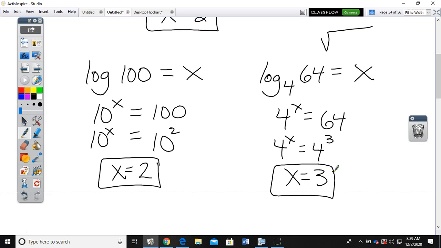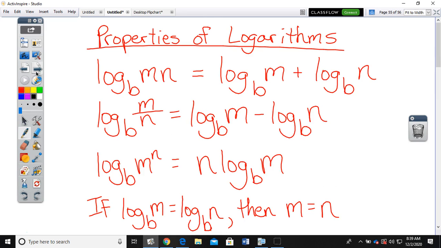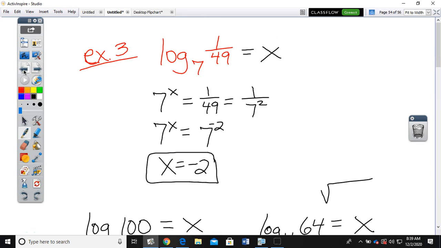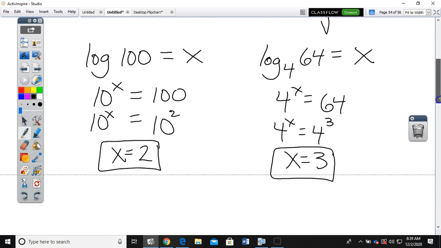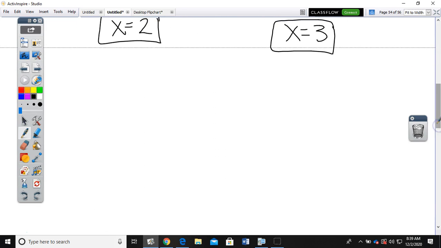Okay? Are they all going to be like that? Yeah, pretty much. Every now and then, I noticed with each one of these that you can really just guess which one it is. Like with 7 to 49, you know that 7 squared is 49.